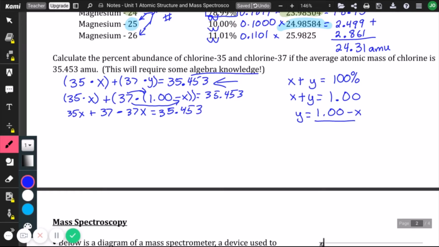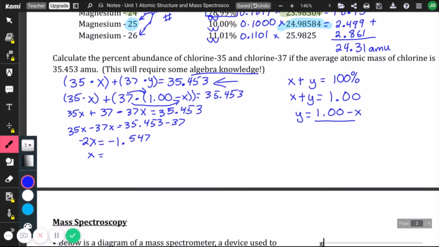Again, we're solving for x. So 35x minus 37x equals 35.453 minus 37. So negative 2x equals negative 1.547.